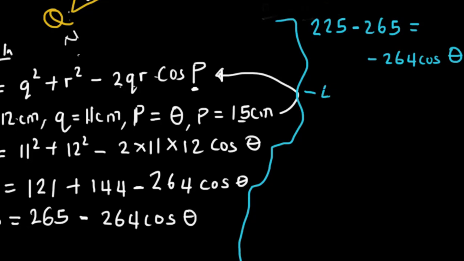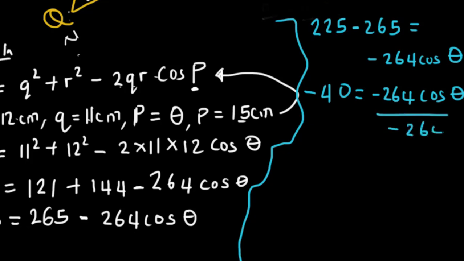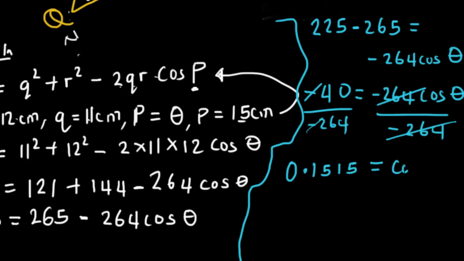So I have minus 40 equals minus 264 cos theta. Remember, what we are trying to find is theta. So I've got to divide both sides by minus 264. Minus 264 cancels minus 264. Minus cancels minus. 40 divided by 264 will give me approximately 0.1515 equals cos theta.